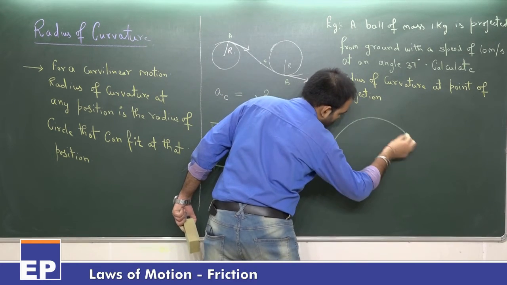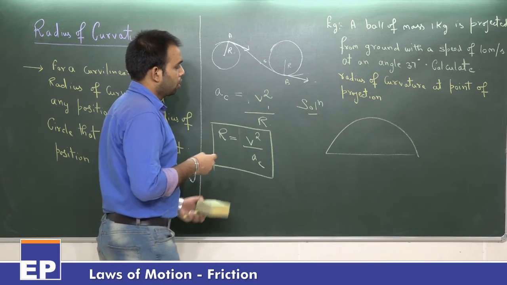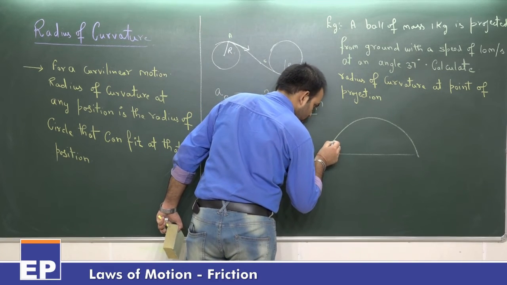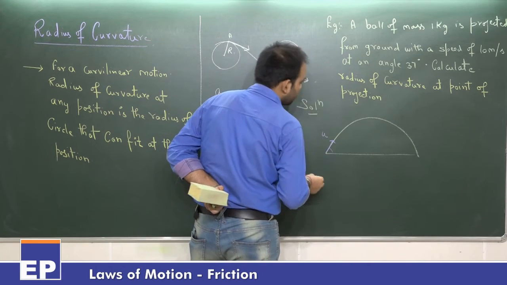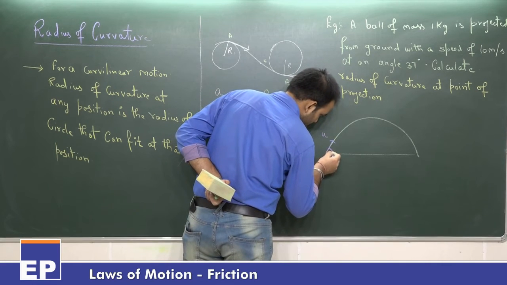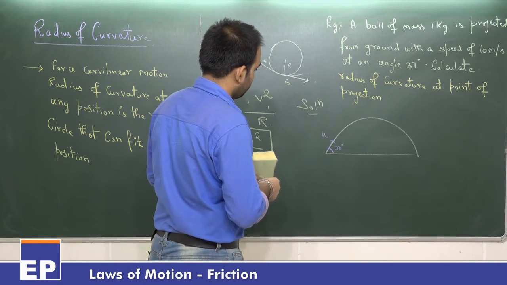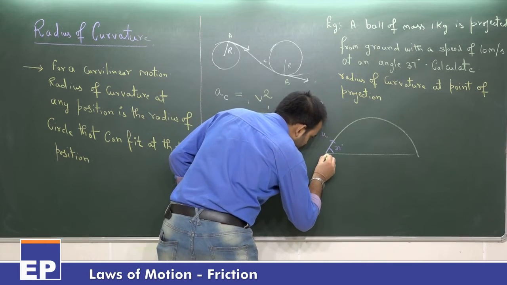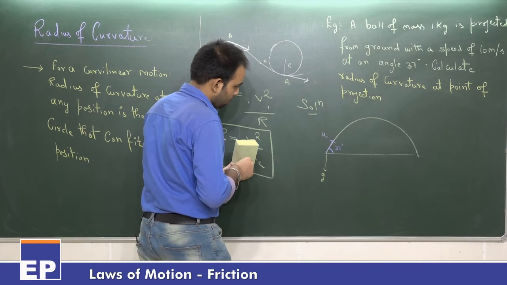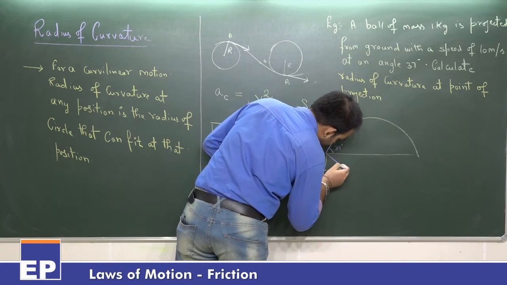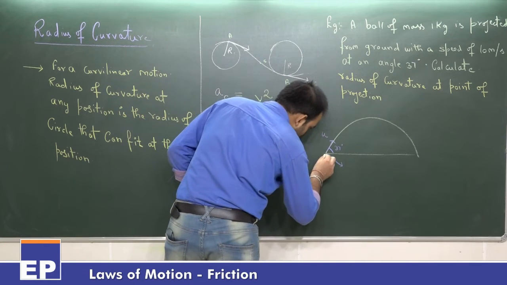Suppose this is the projectile, right? This is the direction of this U. This angle is 37 degree. Now the component that is perpendicular to it, g is acting in the downward direction, and this is a direction which is centripetal. Now the component of g in centripetal.